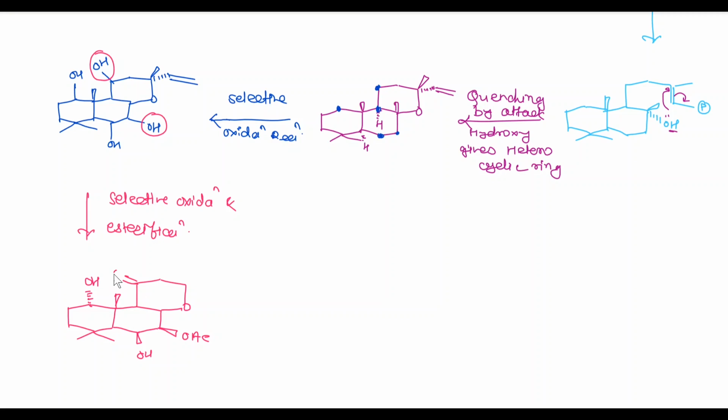Oxidation takes place here in this carbon, double bond oxygen, here methyl group above the plane and this methyl group below the plane and here OH. So this molecule is called forskolin. So this is all about the biogenesis of forskolin from GGPP.